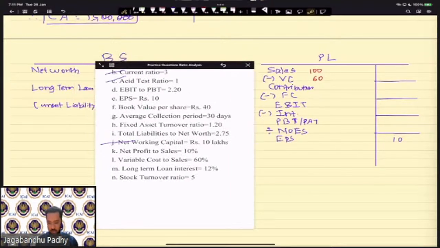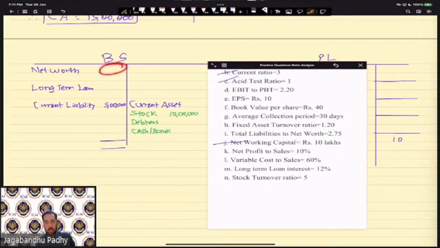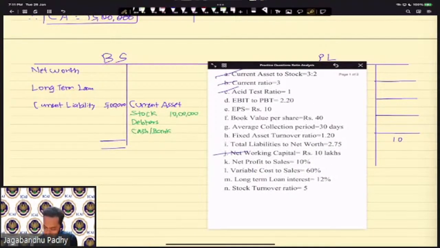Book value per share should be net worth divided by number of shares. No such information. Average collection period is 30 days. Unless and until we have debtors or sales, it's of no use. Fixed asset turnover is also on similar lines. Then net profit to sales 10%, long-term interest rate, variable cost, and stock turnover is 5.